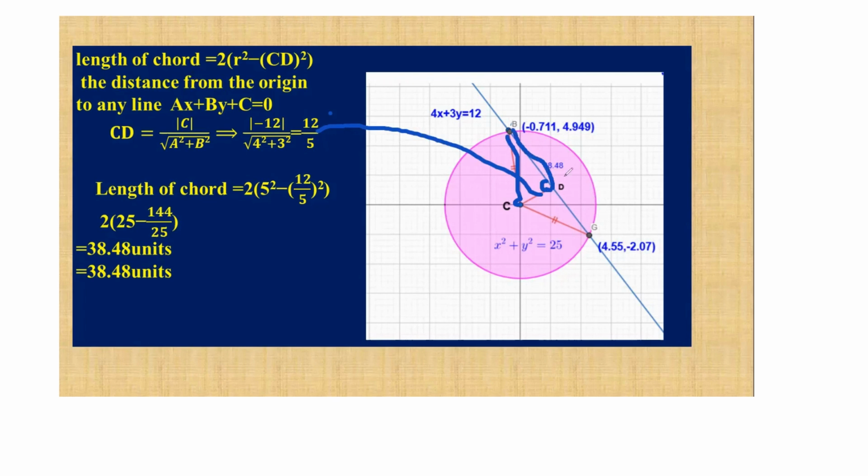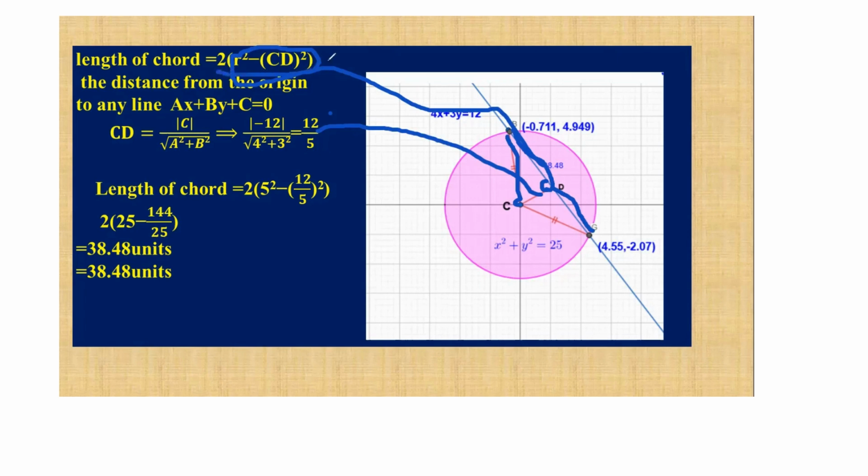This is the distance from D to B, but the distance from D to G and the distance from D to B are the total lengths of the chord. You can multiply by 2.